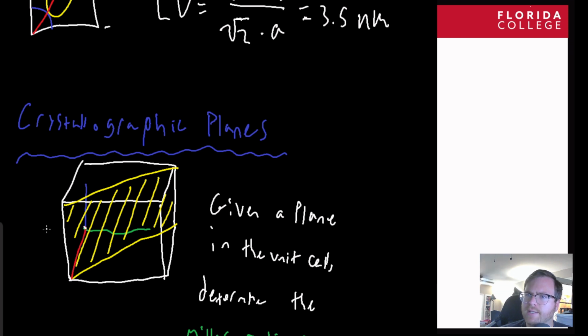Let's say this is our origin up here, and I have a plane that's parallel to our vision, and it passes out like this. We could establish a new origin right up here, or in a different place, so that a large portion of the body of the plane passes through our unit cell, right? So we can just move over to the left one unit cell or up one unit cell, wherever we need to go to reestablish a new coordinate system.